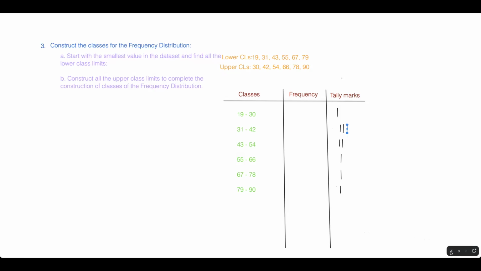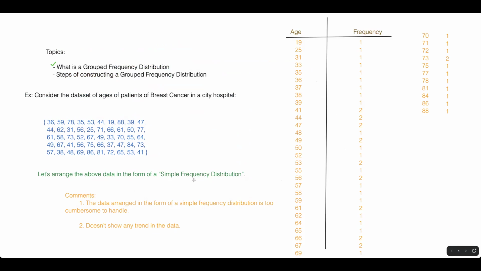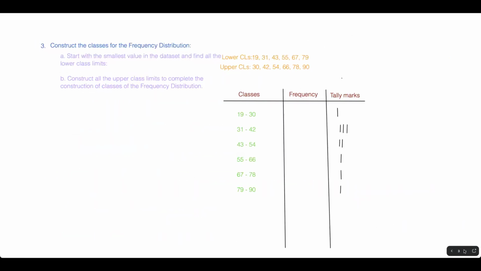And come back to the values. And then the last one is 47. So this should be here, right? Last one of the first row.